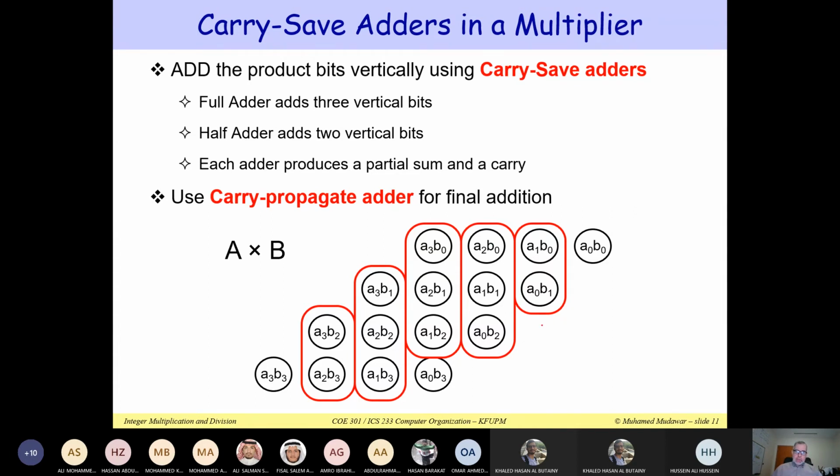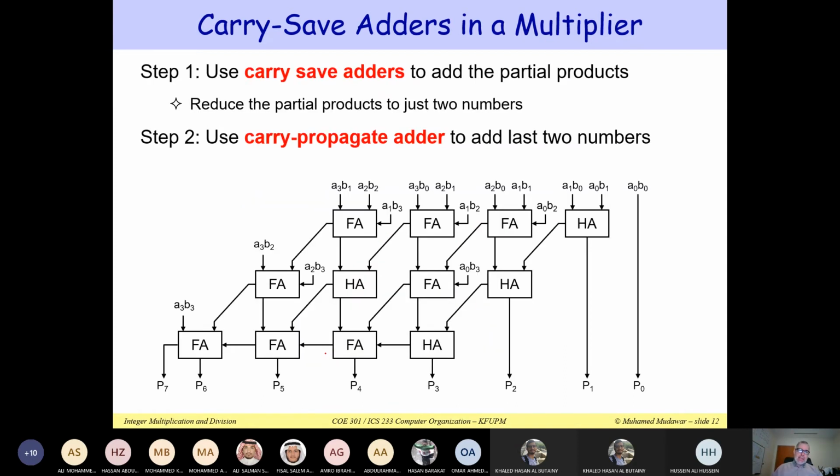Now I can add 2 bits using a half adder. I just need a half adder to add 2 bits vertically. But I need a full adder to add 3 bits vertically. But when I get a carry, I have to propagate the carry. So I can actually use here carry save adders to add all of these bits in parallel without propagating. So I can use it like this.